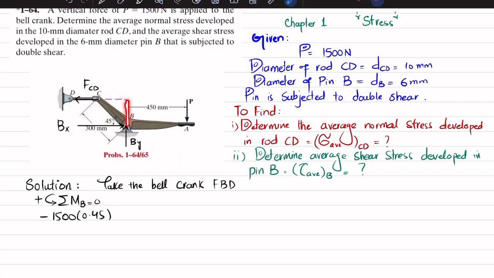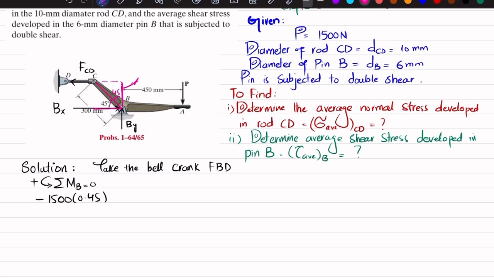So how will we get this vertical distance? You can see if I draw a perpendicular line, this is 45 degrees, so this will also be 45, and this distance will be found by taking the sine of 45 degrees. Let me explain it over here. CB is 300 millimeters. You can see one portion is this one, another one is this one.